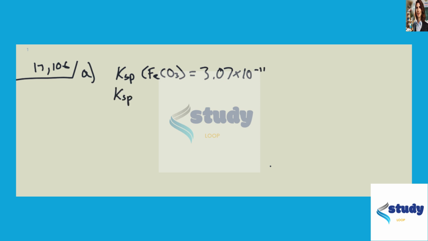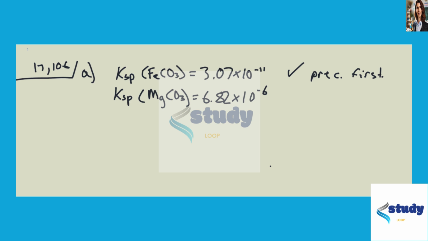Now for magnesium carbonate, the KSP we can get from the table in our book is 6.82 times 10 to the minus 6. So since this one here has the lower KSP, it will precipitate first.